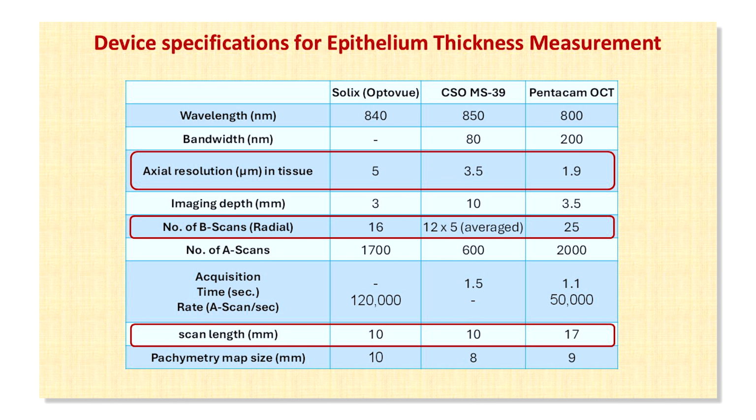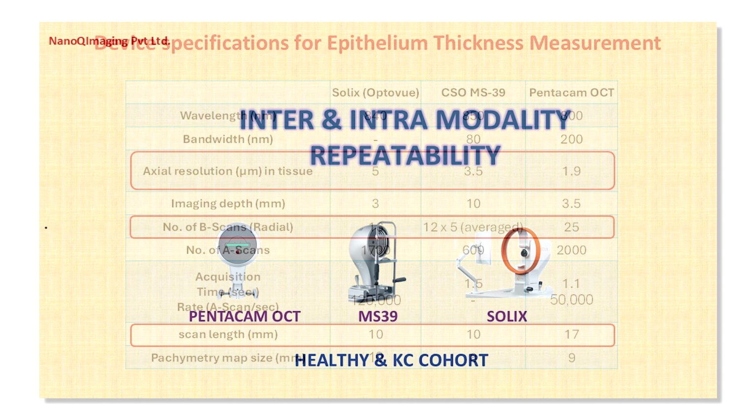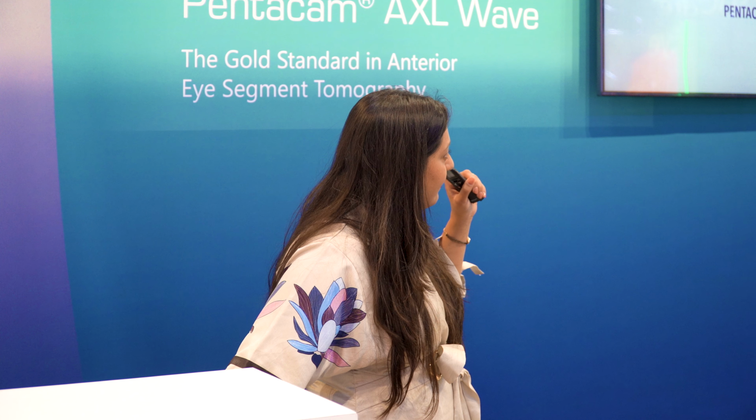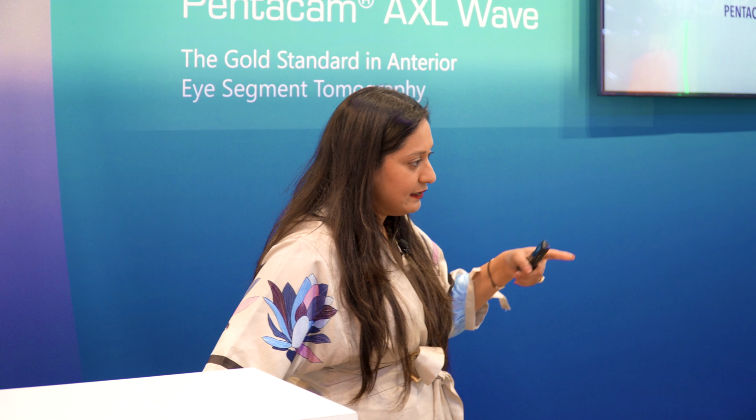So we started looking at healthy and keratoconic eyes between Pentacam OCT, MS-39 and Solix. We took both the healthy and keratoconus cohort. We did 3 scans of every eye on all 3 devices.